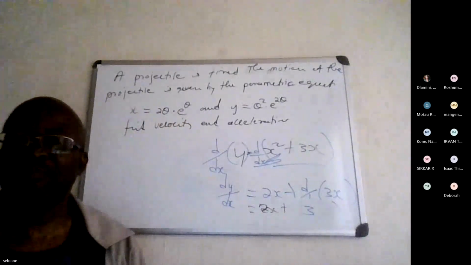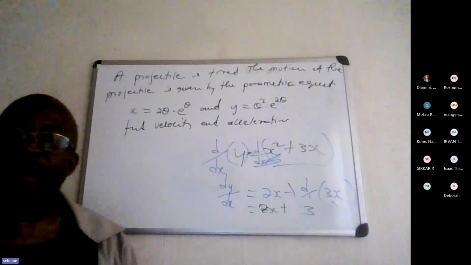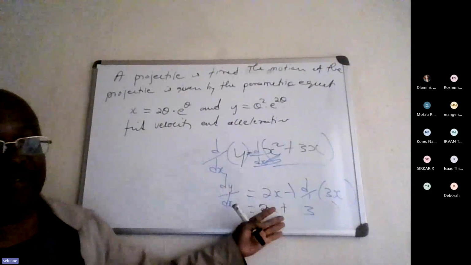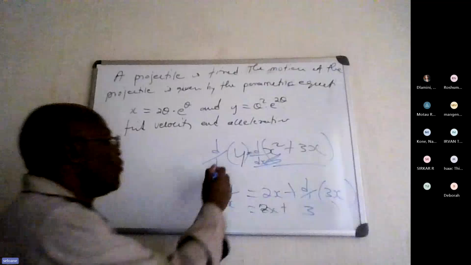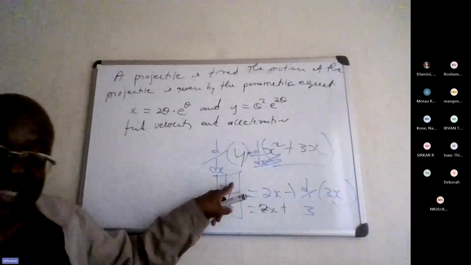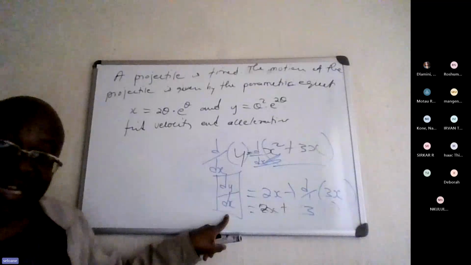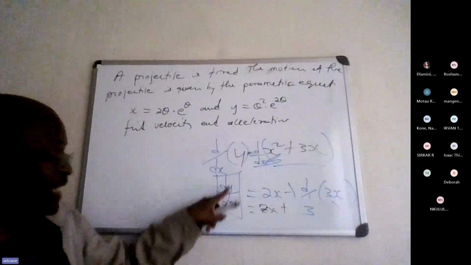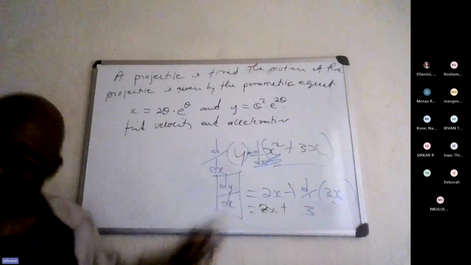2x plus 3. But now, why are we studying this so far? It is because I want us to understand together what we mean by d by dx, and where this notation dy dx comes from.